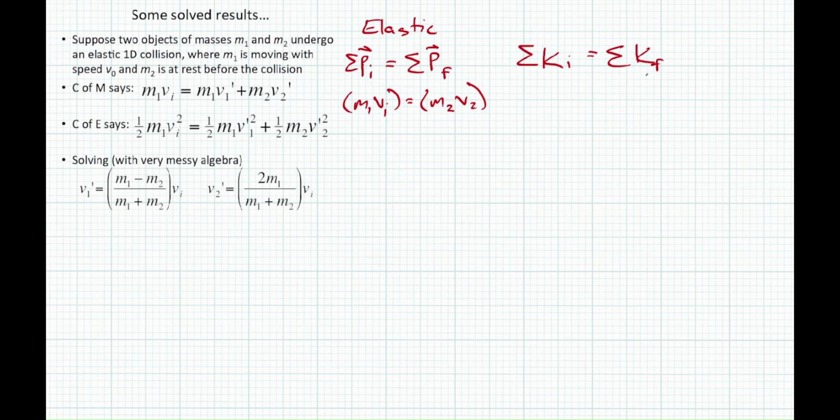Now, in the real world, at least in our macro, everyday world, there's no such thing as a perfect elastic collision. Two things hitting each other don't transfer kinetic energy absolutely perfectly, but we can get very close.